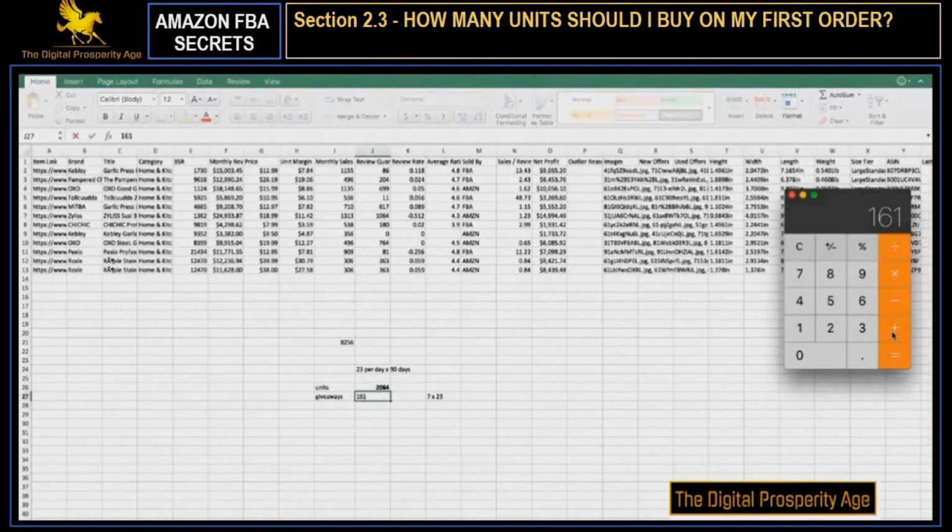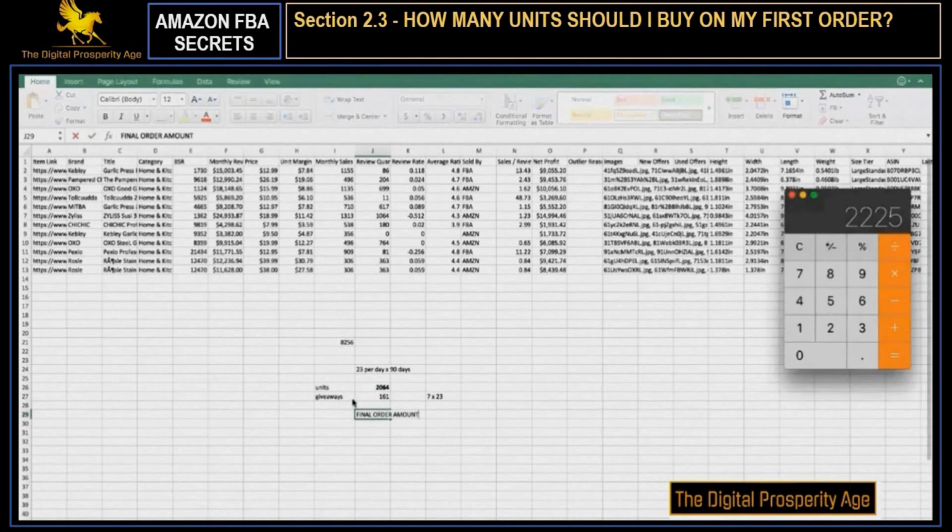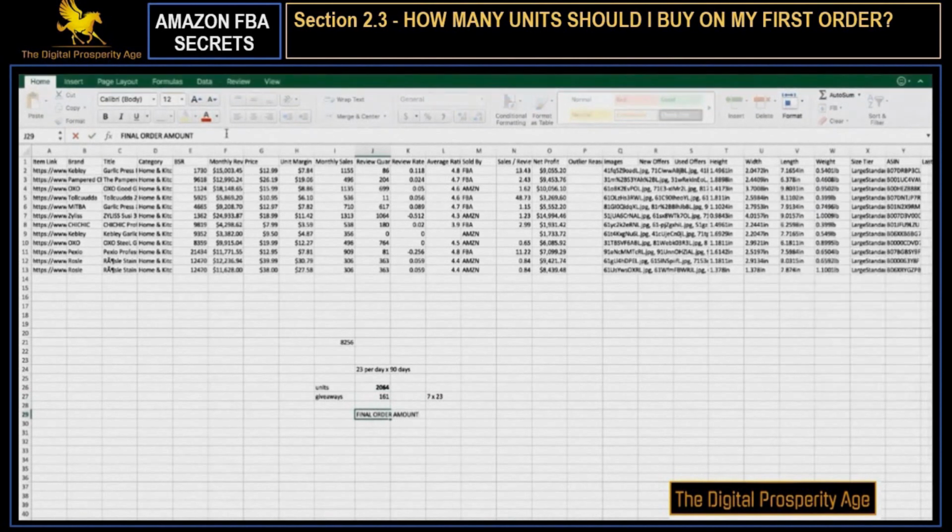And then we're going to add the 2,064. And so that's going to give us a final order amount of 2,225. And that, guys, is how you do basic inventory forecasting.